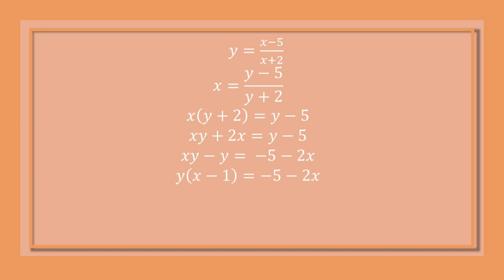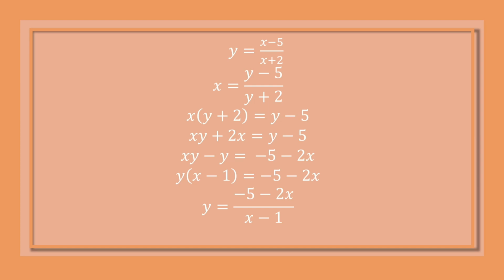So xy divided by y is x. Negative y or minus y divided by y is negative 1. So y times x minus 1 equals negative 5 minus 2x. Then divide both sides by x minus 1. We have y equals negative 5 minus 2x over x minus 1.